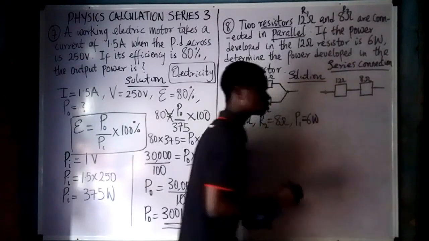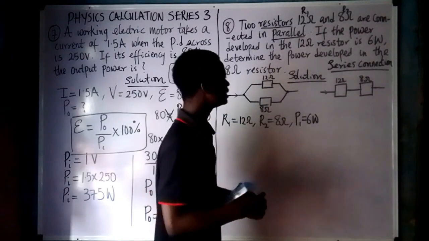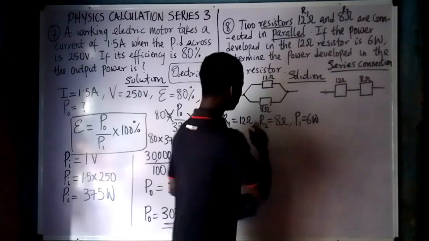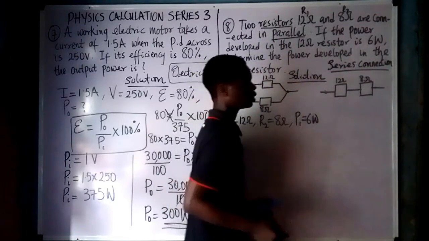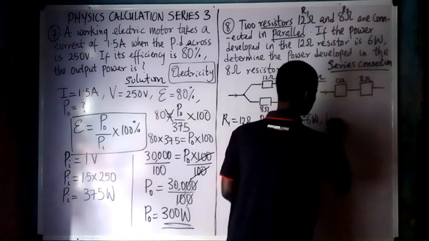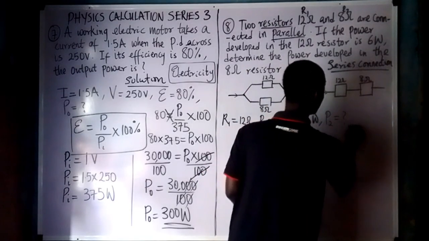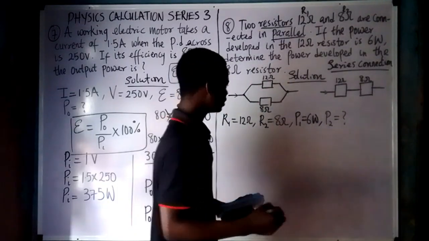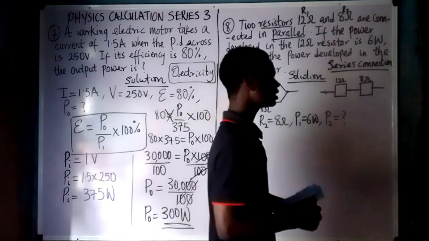That is what the value will be. Then it said determine the power developed in the 8 ohm resistor. We're talking about the R2 resistor. So the power of the R2 resistor could be called what? Let's just call it P2. It's unknown from this very question. I hope that is clear. Now there's something you need to know. This is a case of comparison.